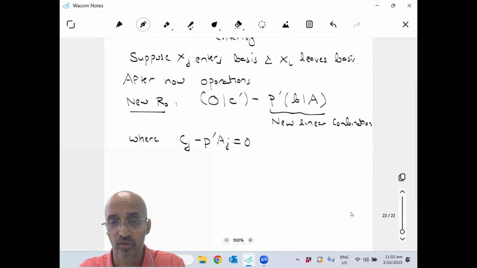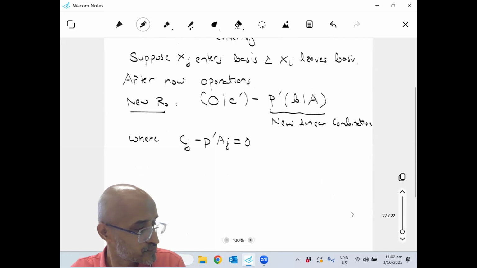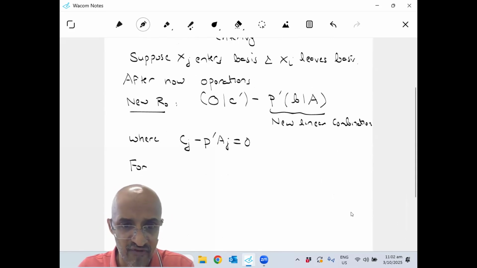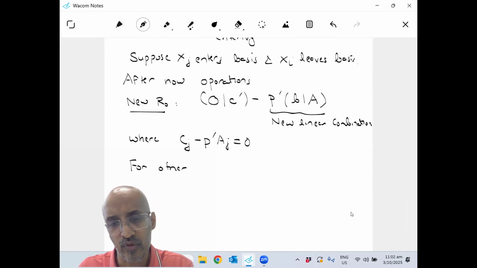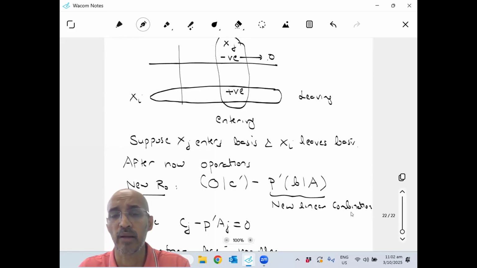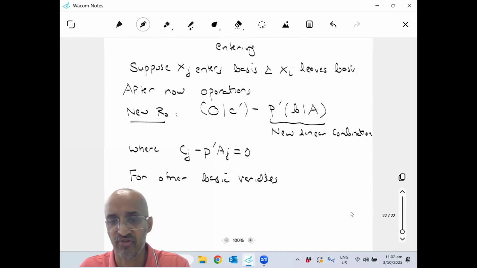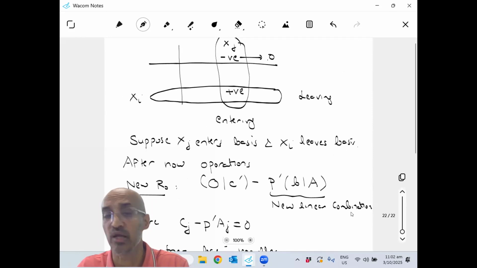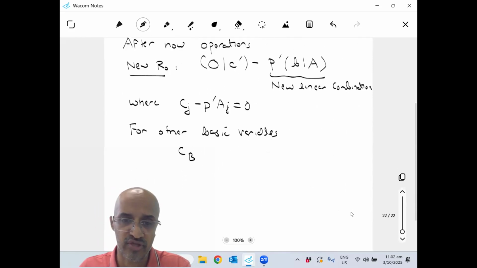For the other basic variables, remember, my basic variables will have entries like the cost for my basic variables, CB transpose, for all the remaining basic variables, whichever the old ones which were there.